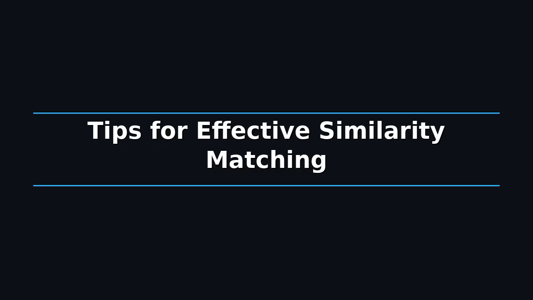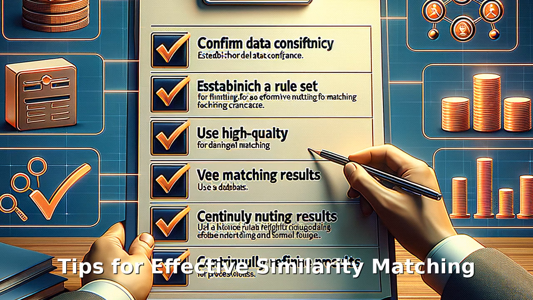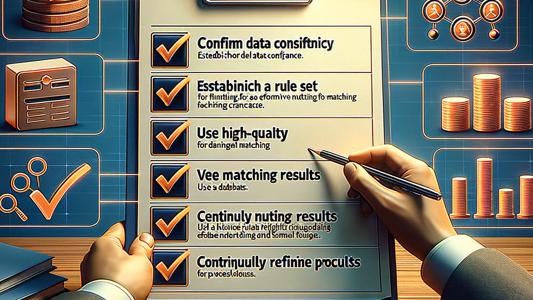To maximize the effectiveness of similarity matching using the Gemini Embeddings API, consider these key tips. First, always ensure that your input data is clean and well-structured. This enhances the quality of the embeddings generated. Second, don't hesitate to use embeddings not just for text, but also for images and other data types supported by Gemini, as this multimodal capability opens up new avenues for similarity matching.